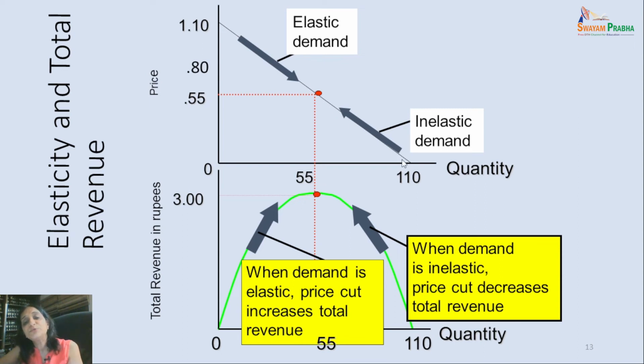In the inelastic demand portion of your demand curve, your total revenue is declining. This means when the demand is inelastic and a company decides to reduce the price, the total revenue will also decline. With the cut in price, even though the demand may increase, the total revenue may decline because the responsiveness of the demand is less than the change in price.